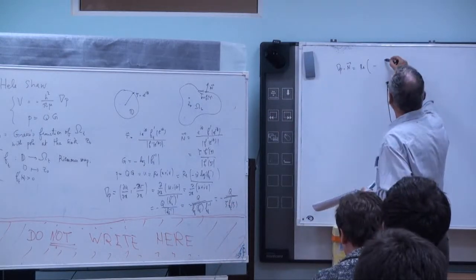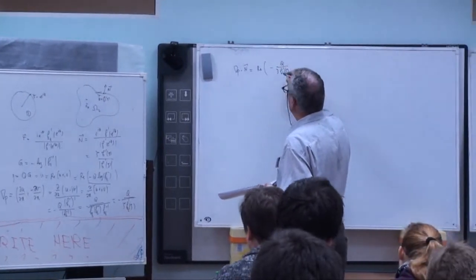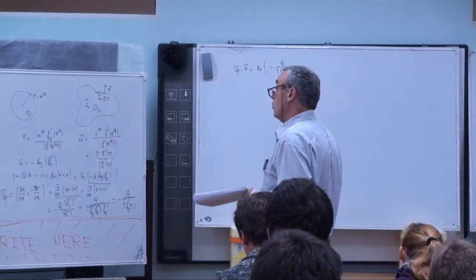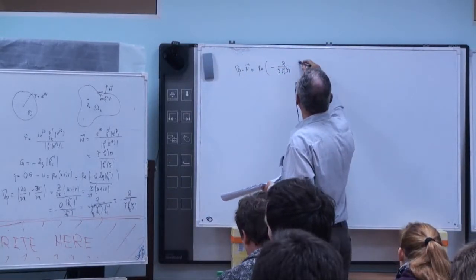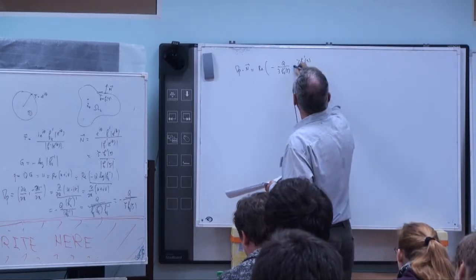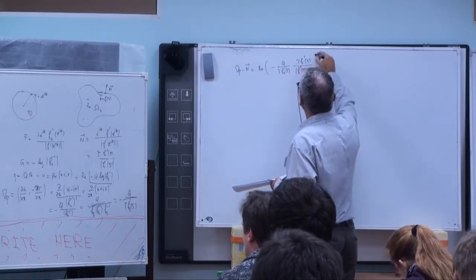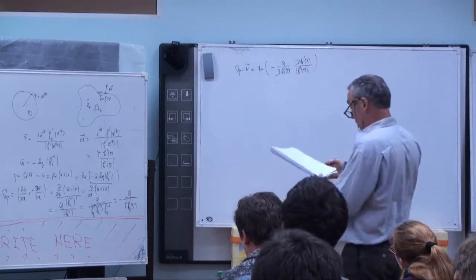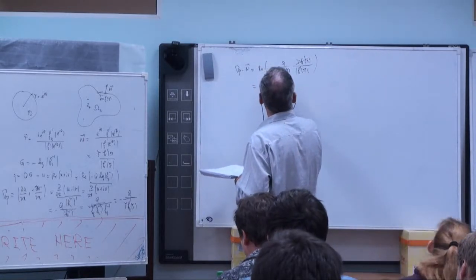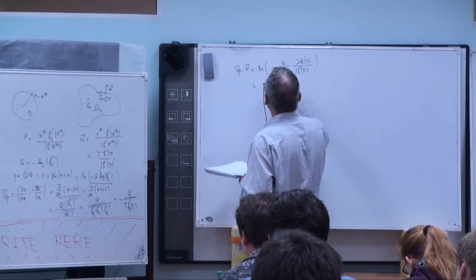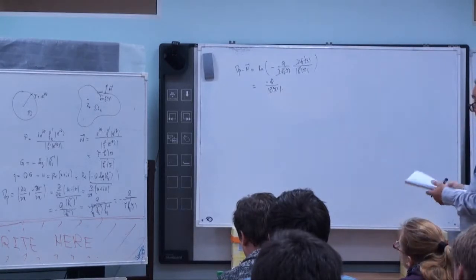So this will be minus q divided by zeta f t prime of zeta, that's the gradient of P, times n, so we have here zeta f prime of zeta divided by the modulus of f prime of zeta. So this cancels out, and we have minus q over the modulus of f prime of zeta.